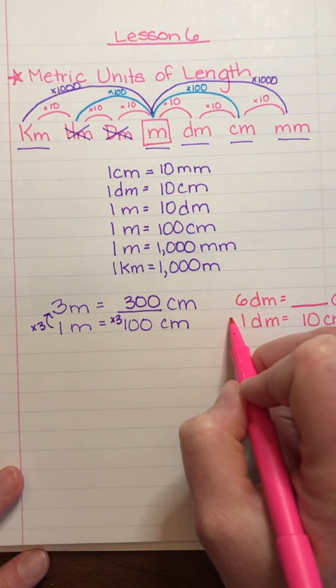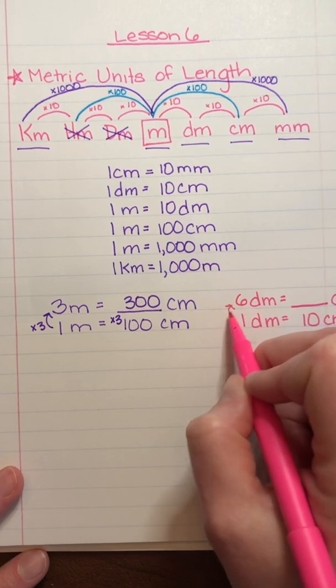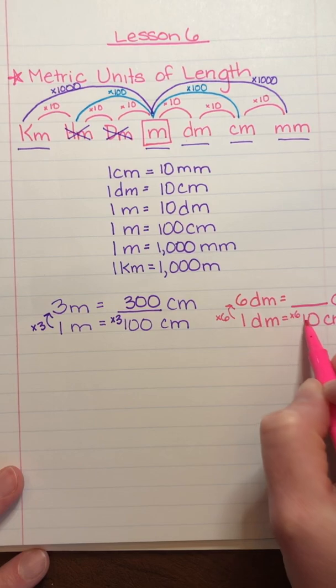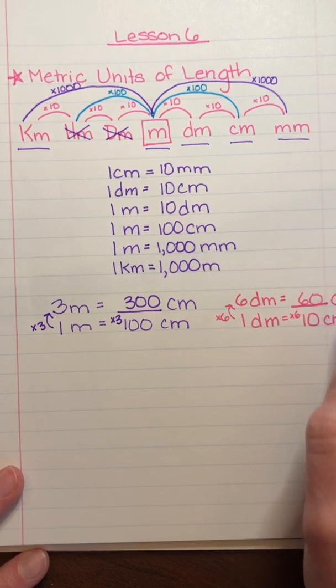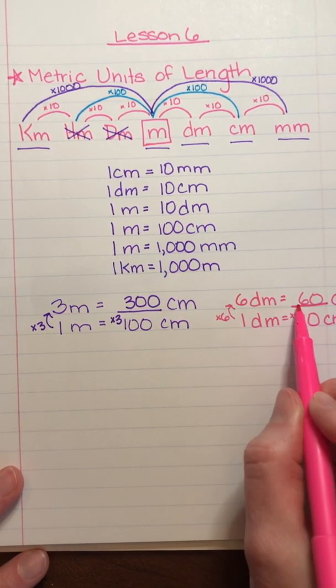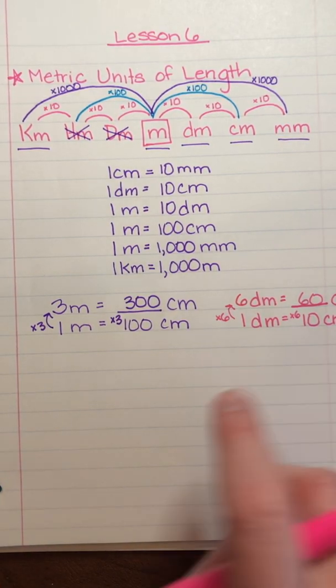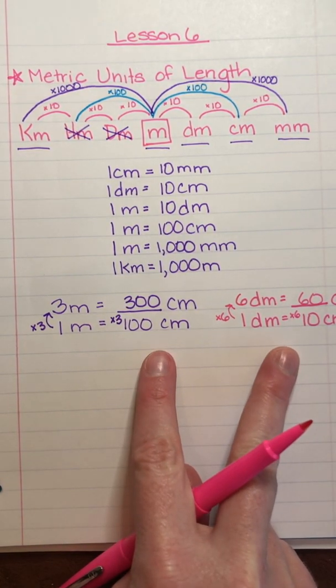And again, I'm going to look and see, how do I go from 1 to 6? Well, we multiply by 6. Do the same thing to the other side. 10 times 6 would be 60. So I know that 6 decimeters is equal to 60 centimeters. Okay, so these are just your basic conversions.